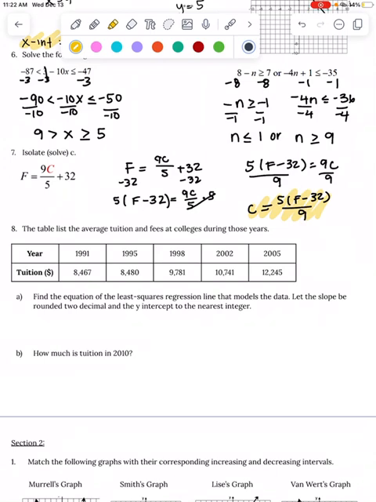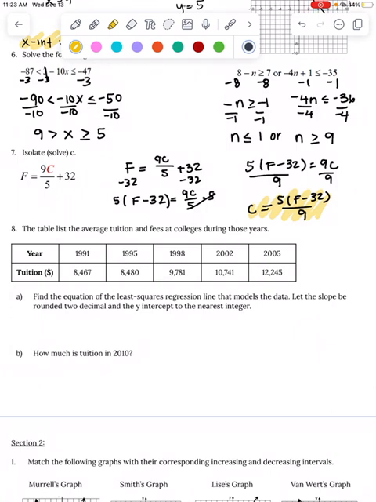All right, our next one, you have to use a calculator. Least squares regression, you use a calculator. So I'm going to hit stat on my calculator. So again, I'm on stat, I'm hitting enter on edit, and I'm going to put the years in my L1 values. And then 2005.